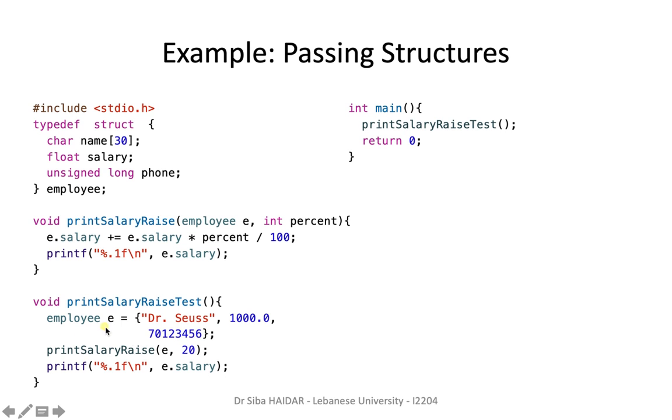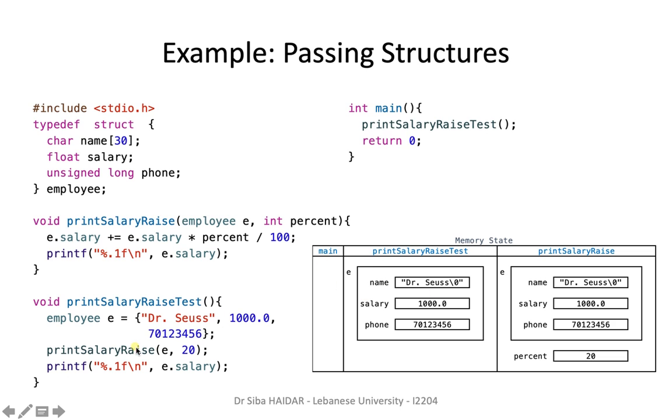And then I am passing the E to the printSalaryRaise. printSalaryRaise will also take a percent. It will apply the raise on the salary of E and then print the salary. I am printing also the salary from the caller and the callee to show you that the passing is like an assignment. So there is a copy of the employee inside each function.